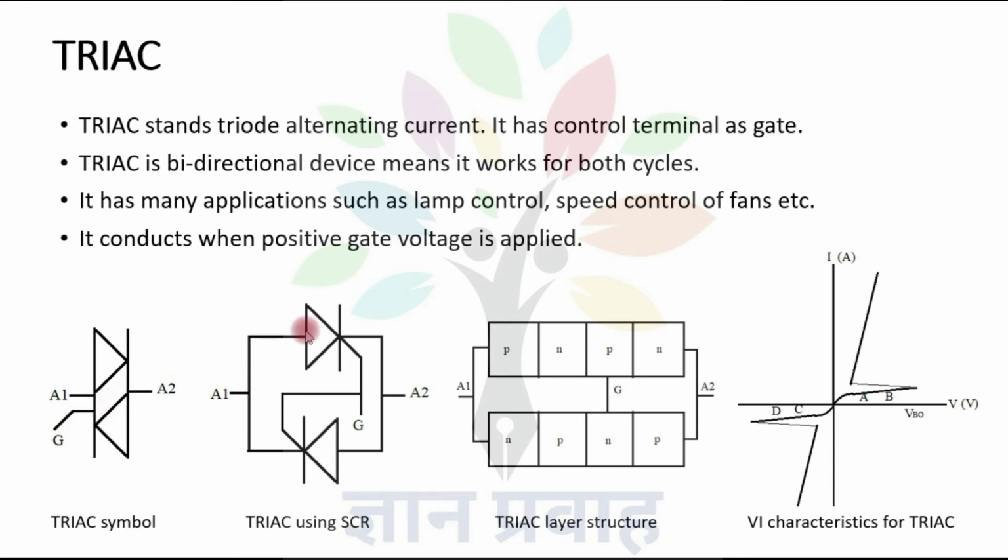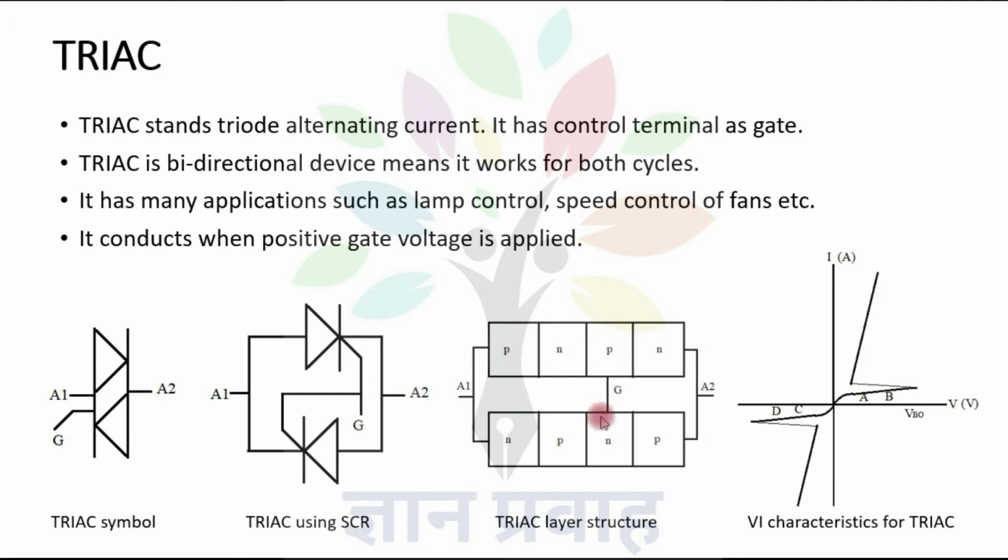And we can design a TRIAC using SCRs. So here we are showing two SCRs connected in this way. So that's why it can operate for both halves, for the positive half as well as for the negative half, by using this specific configuration. And this one is the layer structure for TRIAC. So here we are simply using the concept of SCR.